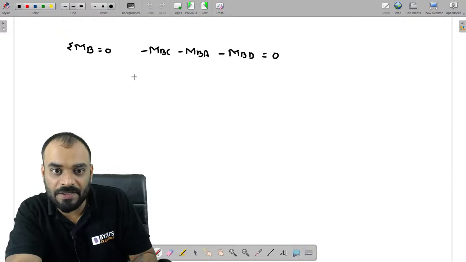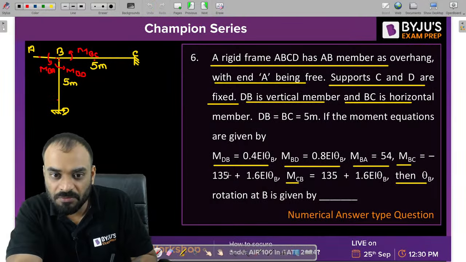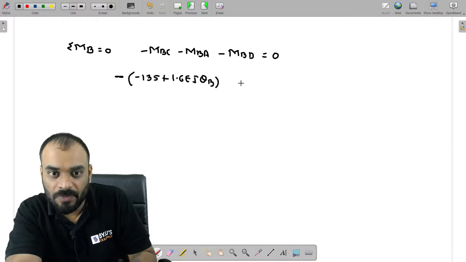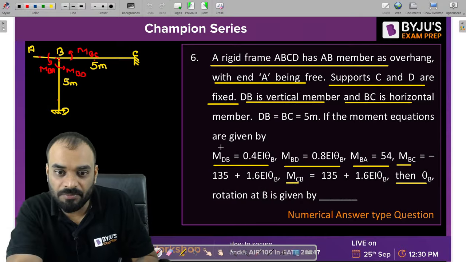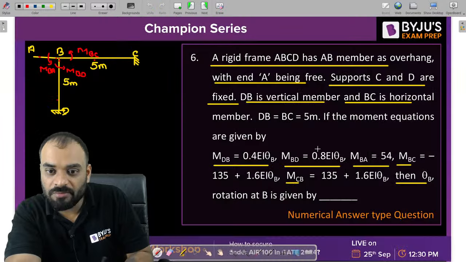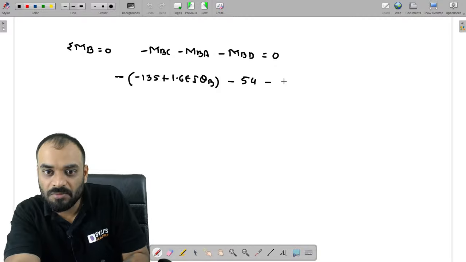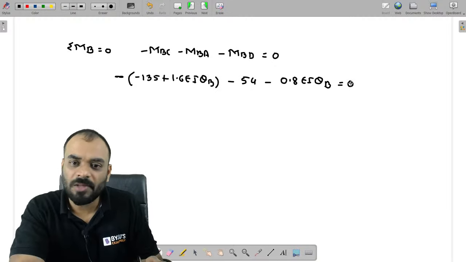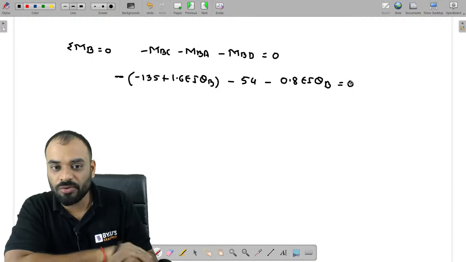MBC is equal to minus 135 plus 1.6 EI theta B. Then minus MBA, which is already given as 54. Then MBD is 0.8 EI theta B, and it should be equal to 0. Clear? Now our task is to find the theta B value.